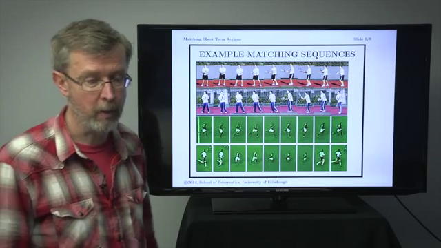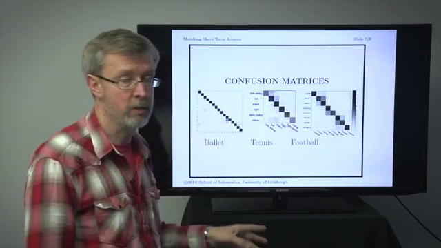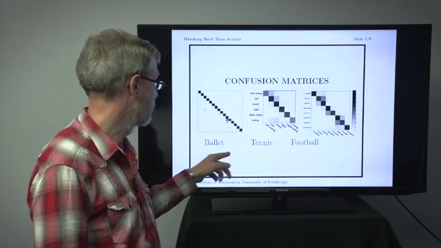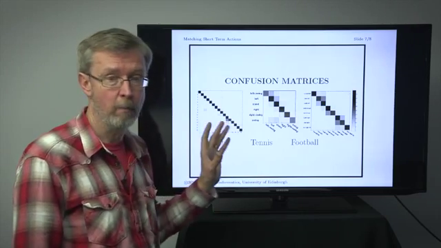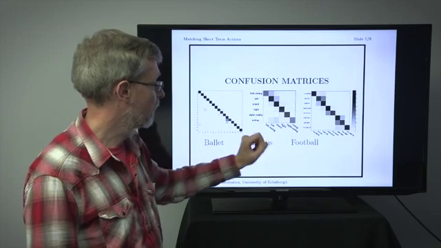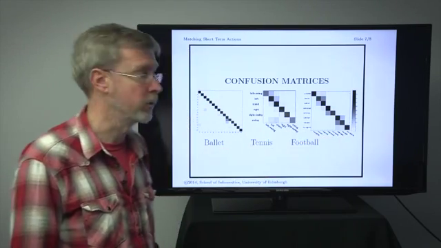So if we look at the original paper, they've produced analysis for three different sets of short-term behaviors. One is a ballet sequence where they had, I think, 16 different ballet motions. Tennis where they have 6 different, and football with 8 different motions.